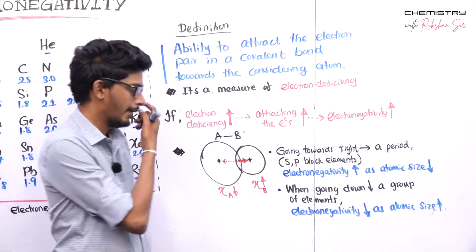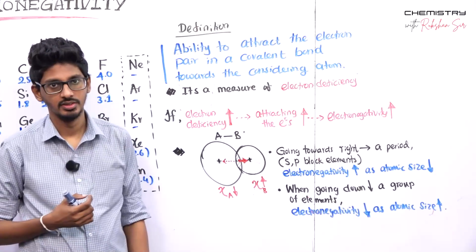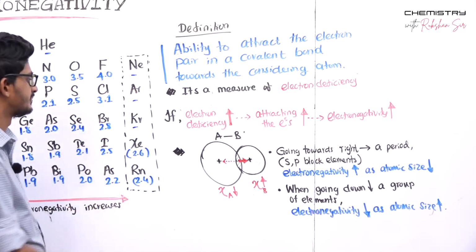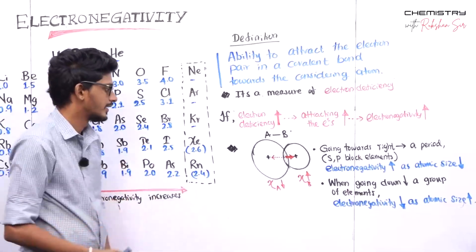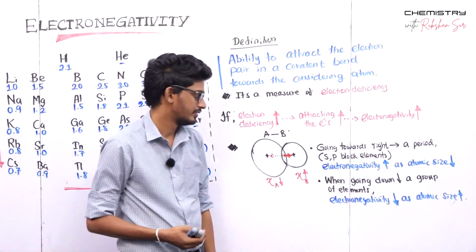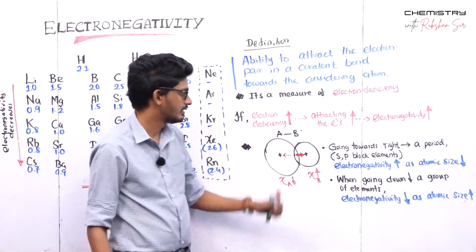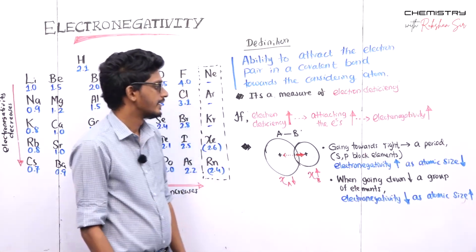Right, those are the major things you should know, the common trends. Going down, as atomic size increases, it decreases. Going to the right, as atomic size decreases, electronegativity increases.